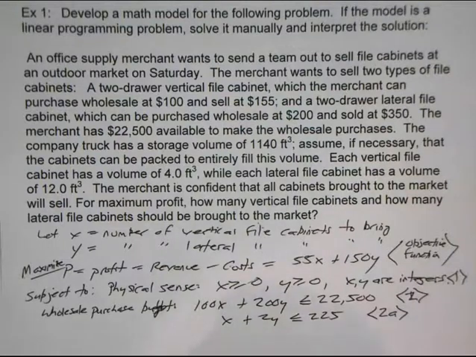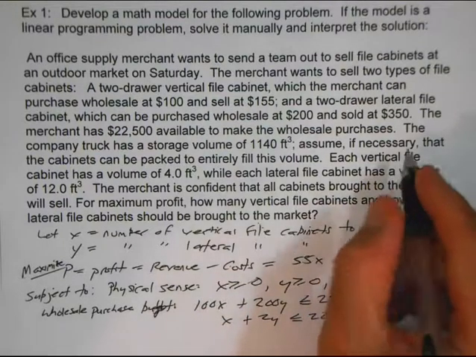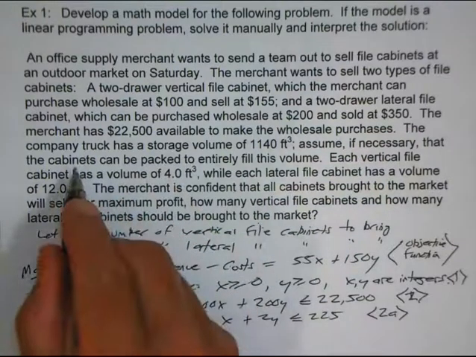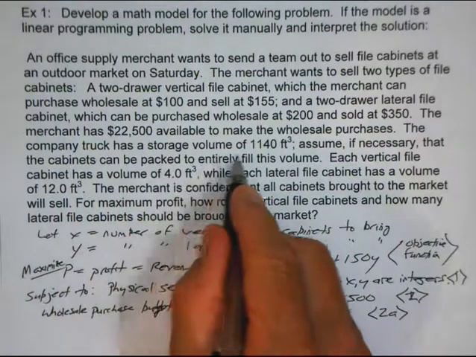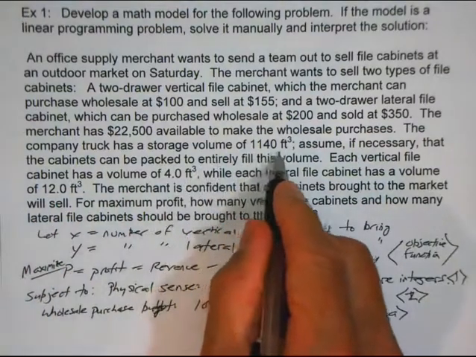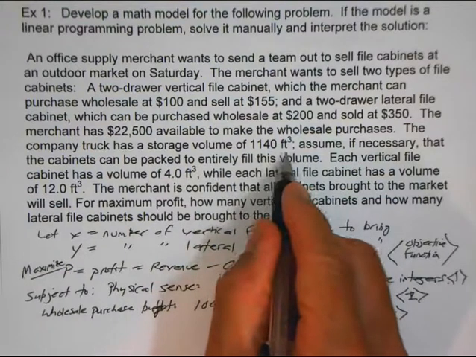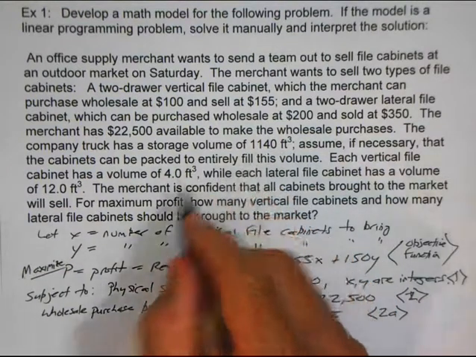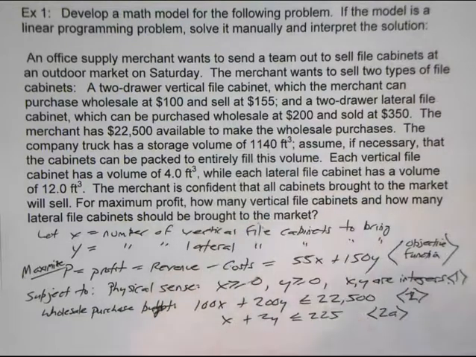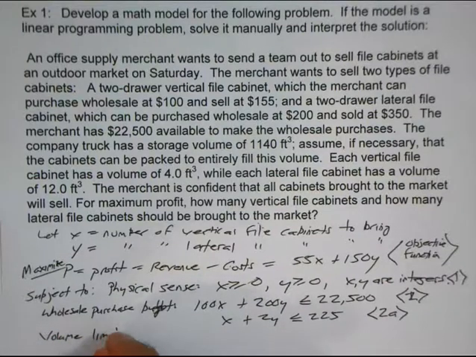Let's see, anything else we have here? Yeah, the company truck has a storage volume of 1,140 cubic feet. And we have got to pack our file cabinets into this volume here. So we basically have here a volume limitation.